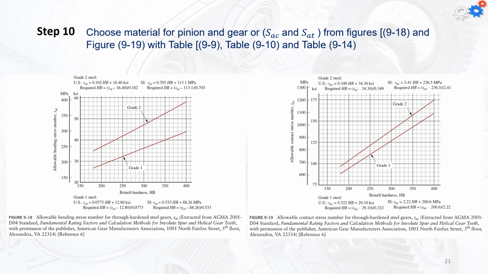Also, we can find the equation to do that the same way, depending on the grade of the steel. I think the notebook also has further figures with different types of material that you can select for your design.